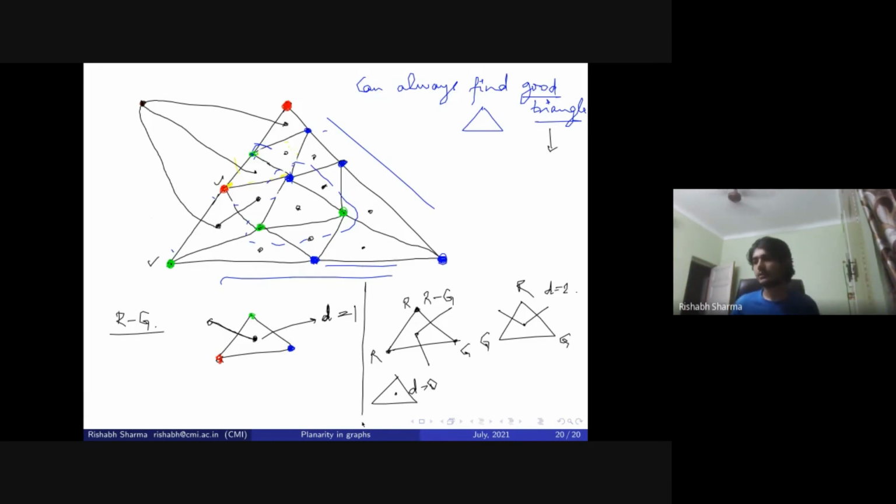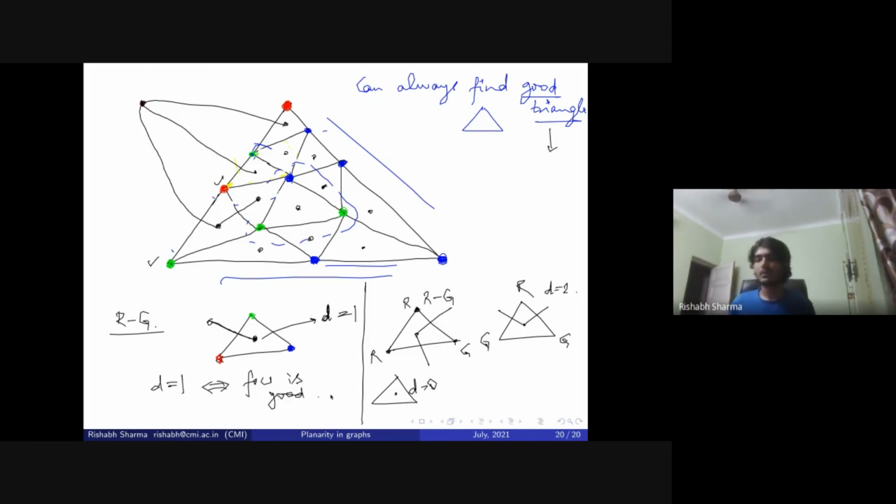So I have partitioned the cases for a triangle coloring nicely into conditions on the degrees. So I know that the degree of a vertex in the dual being equal to 1 is equivalent to saying that the corresponding face is a good triangle.